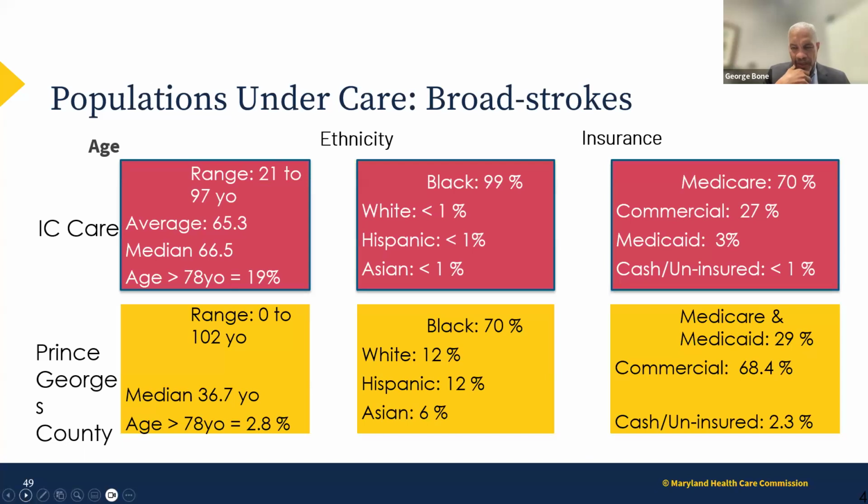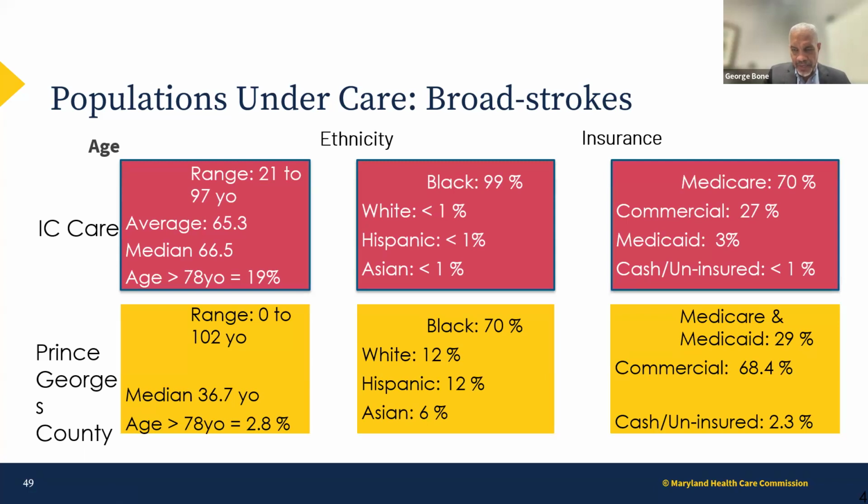It can go up to a total of 4,000 to 5,000, depending upon the insurance they cycle in and out, but still consider us as their physician. The age range is 21 to 97, average age of 65, with about 19% greater than 78. It's an African-American population, primarily insured.